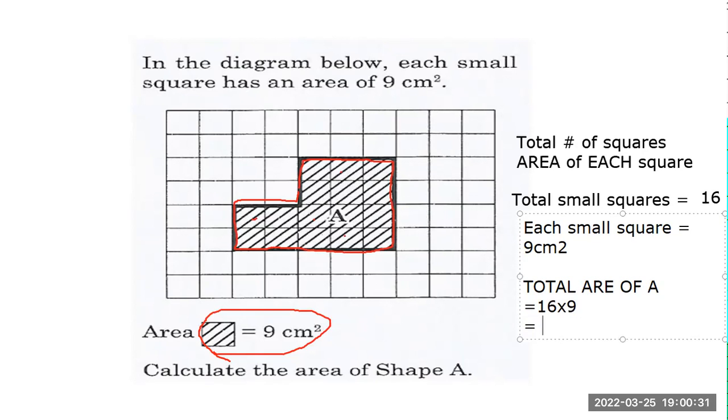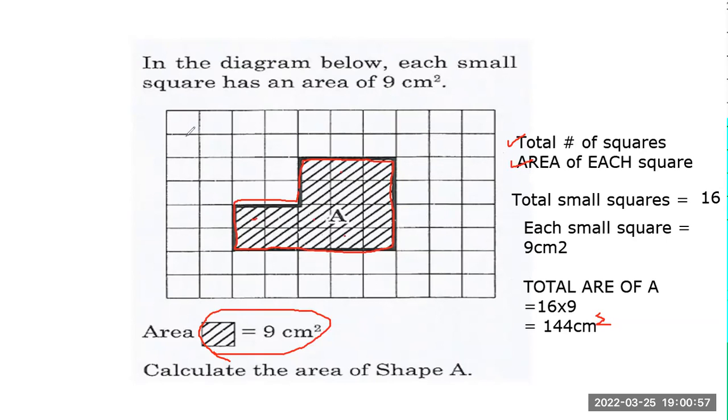Therefore, the total area of A would be 144 centimeters squared. Right, so don't forget your units in these problems. It's important to put your units, cm squared. Right, so this would be the method to solve problems like this.